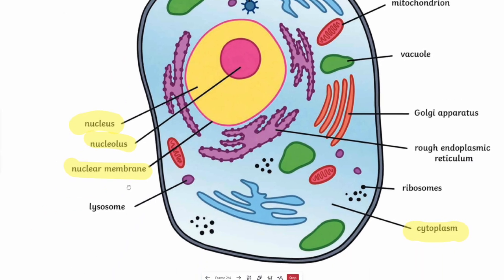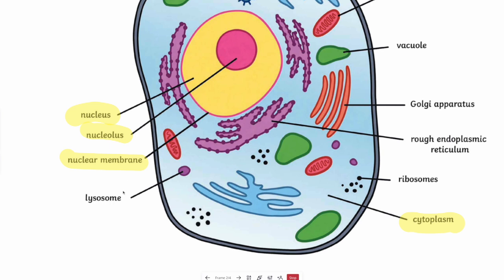Let's go down to the lysosome. What is the lysosome? If we look at an example, in a city, the lysosome would kind of be the recycling plant. Lysosomes are organelles that contain enzymes. An enzyme is a kind of molecule that basically dissolves other things.